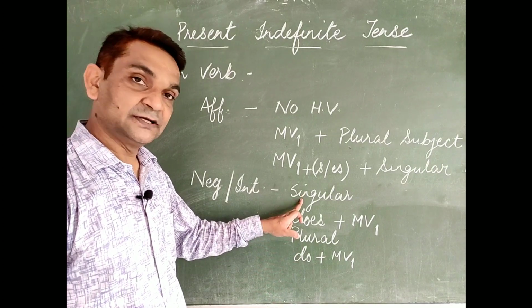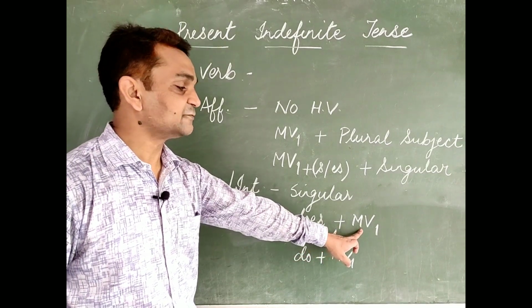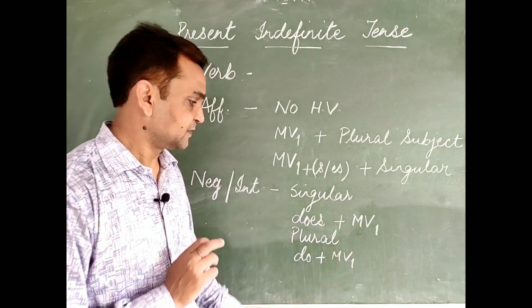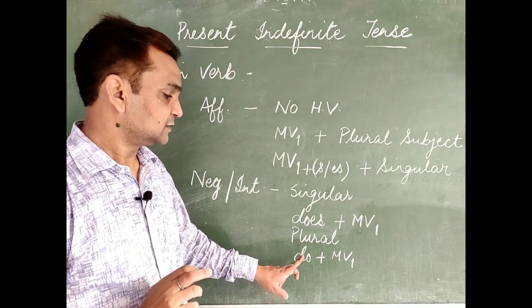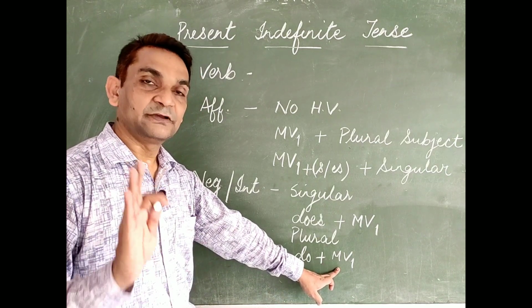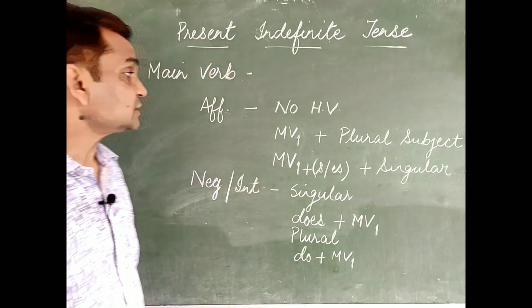When the subject is singular, does will be used and first form of the main verb, that is the present form of the main verb, will be used. When the subject is plural, helping verb do will be used and main verb will be used in the present form, that is the first form of the main verb.